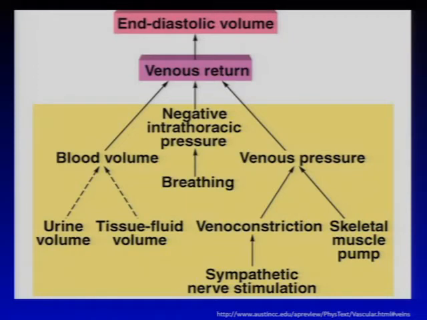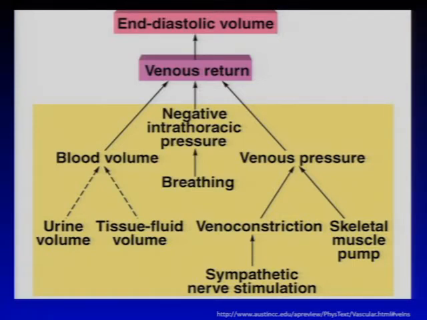When we talk about venous return or the venous system, as I had mentioned, they're large capacitance vessels. So how do those vessels get blood back to the heart? Well, first, just the act of breathing changes intrathoracic pressure and augments venous return. Our blood volume, or the total volume within the venous system, is affected by urine volume and tissue fluid volume as well.